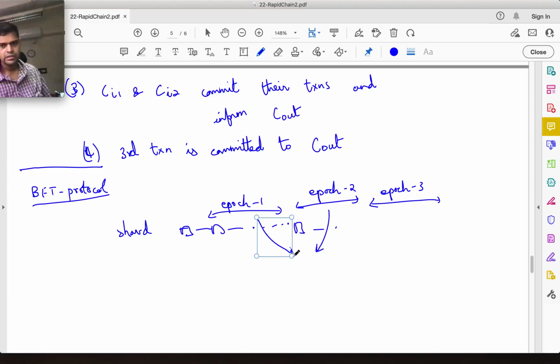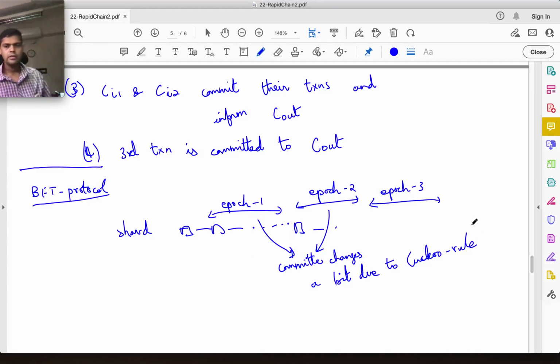It could change slightly. And this is because of the cuckoo rule. Right, you don't want to change it too much, but if you allow an adversary to join and leave, then you have to do a little bit of rearrangement to ensure that he doesn't actually have too much control over any particular committee. Right?